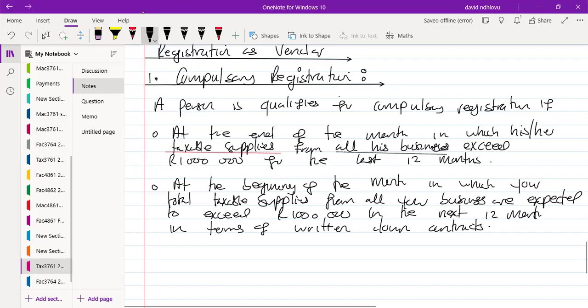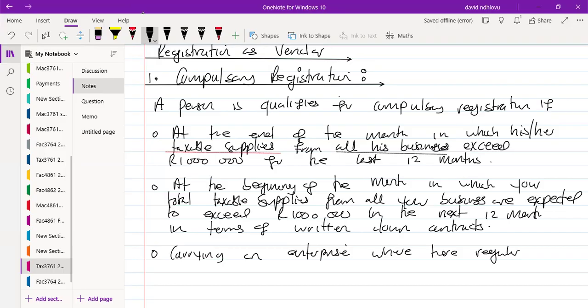Then the last one is for someone who does not satisfy the threshold of 1 million in taxable supplies, but is carrying on an enterprise where there is a regular supply of qualifying goods or services as deemed by the commissioner.